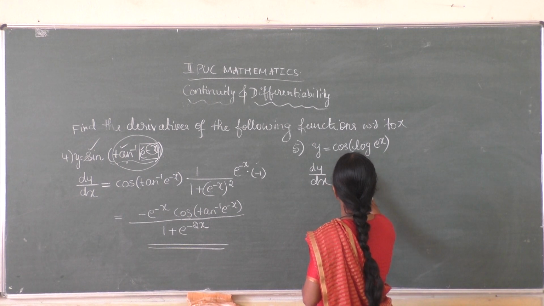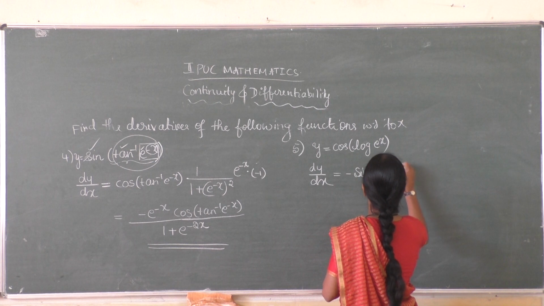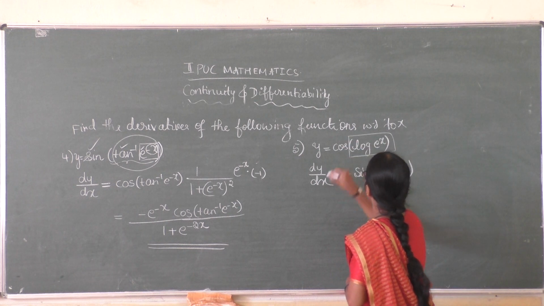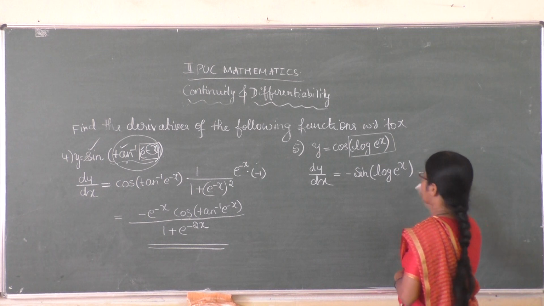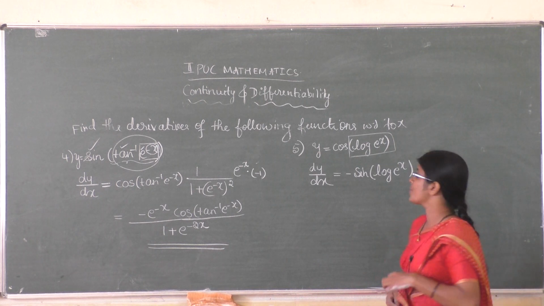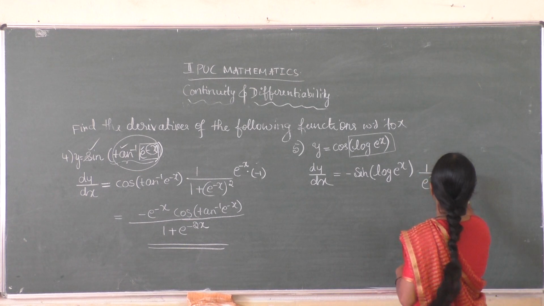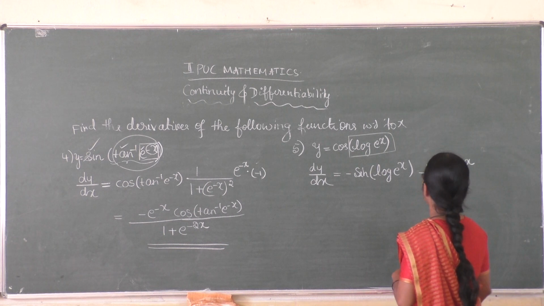Derivative of cos is minus sine log e to the power x. So next you have to find derivative of log function. So derivative of log is nothing but 1 by e to the power x. Then derivative of e to the power x, that is e to the power x itself.